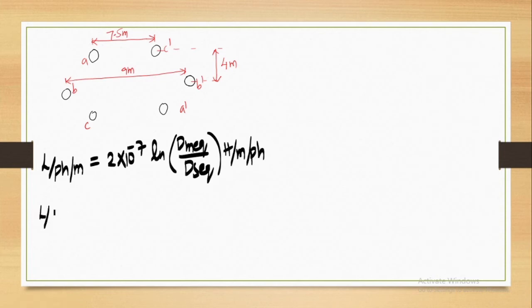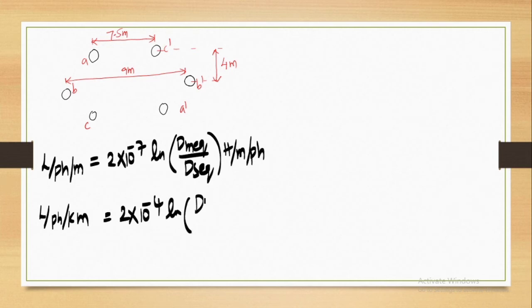It is L per phase per kilometer. So I need to multiply with 10 cube on the numerator and 10 cube on the denominator. If you multiply with 10 cube in the denominator, you will get kilometer, and the numerator multiplied with 10 cube gives 2 into 10 power minus 4.